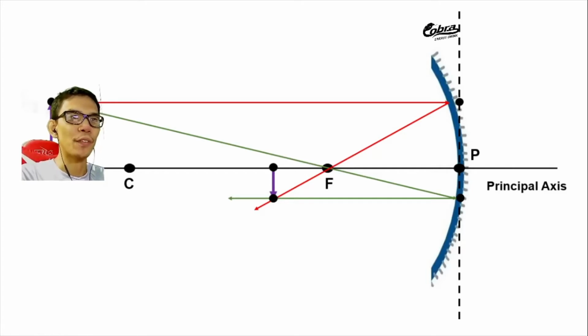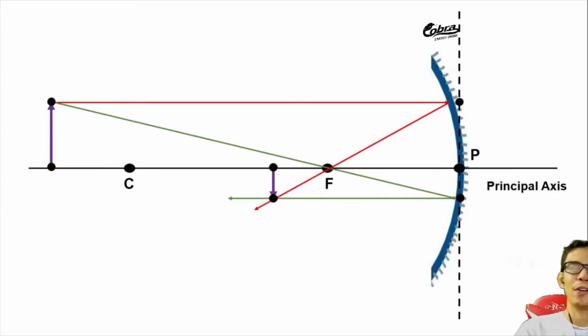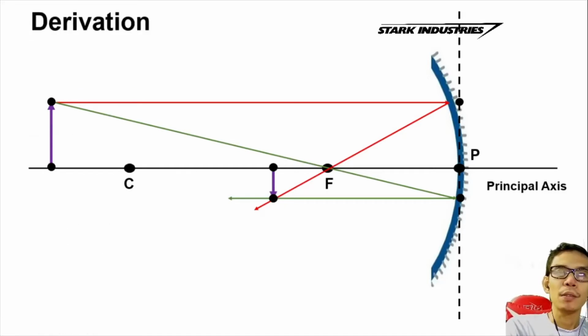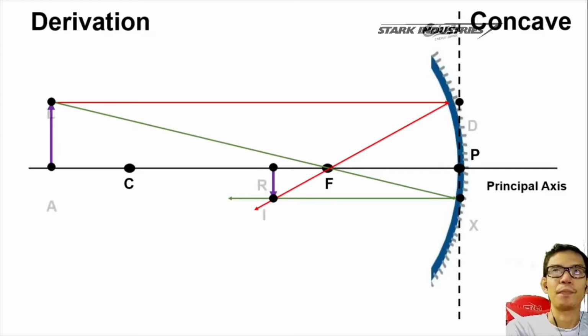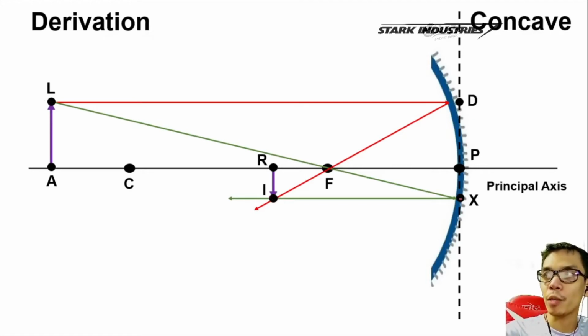So this is now the mirror formula that we have right here. Now I will add some points in our diagram for us to better visualize what is happening. I added point L, which is the top of the object, point I, which is the top of the image, and point X, which is the point that is tangent to the mirror, where the focal ray touches down.